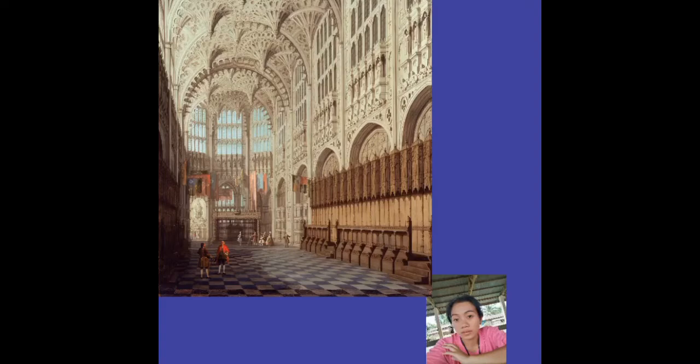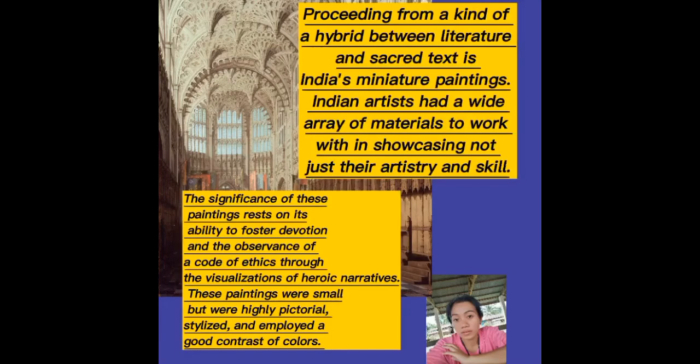Proceeding from a kind of hybrid between literature and sacred text is India's miniature paintings. Indian artists had a wide array of materials to work with in showcasing not just their artistry and skill. The significance of these paintings rests on their ability to foster devotion in the observance of a code of ethics through the visualizations of heroic narratives.